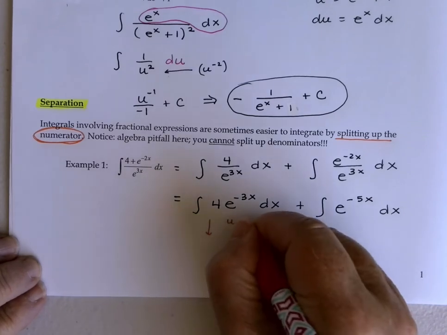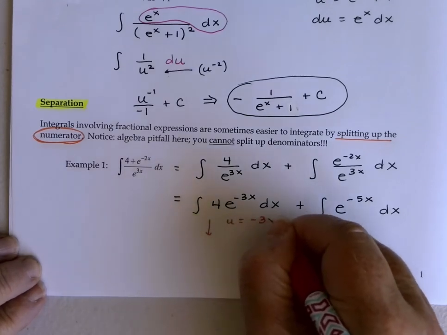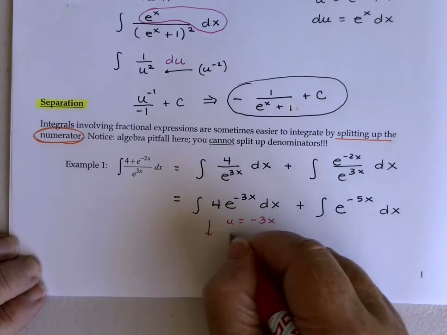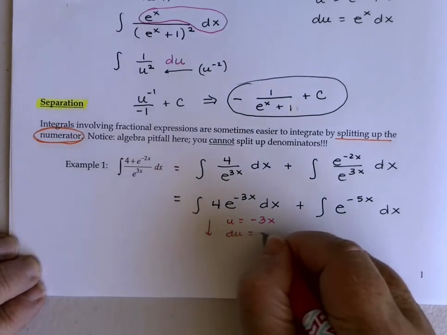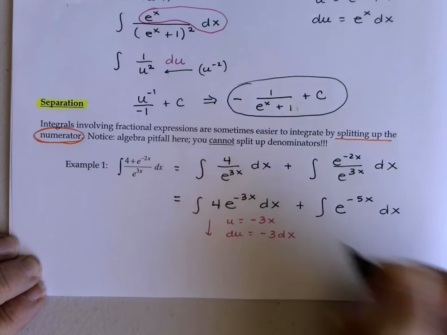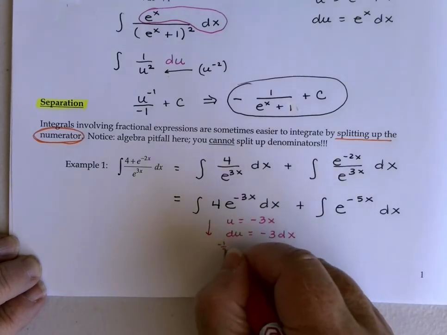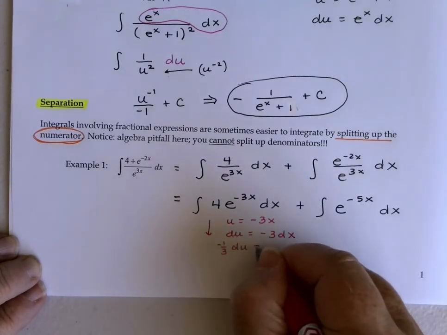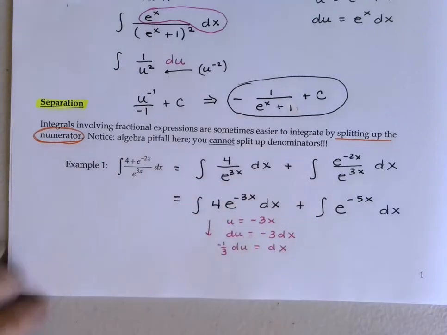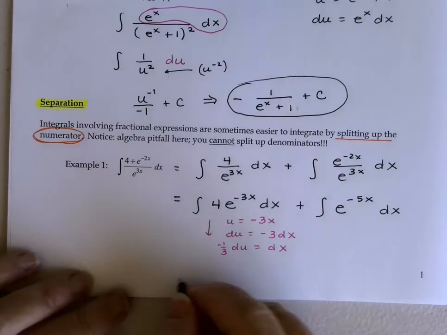This first one, u would be negative 3x. So du would be negative 3 dx. And I'd have negative 1/3 du equal to dx.